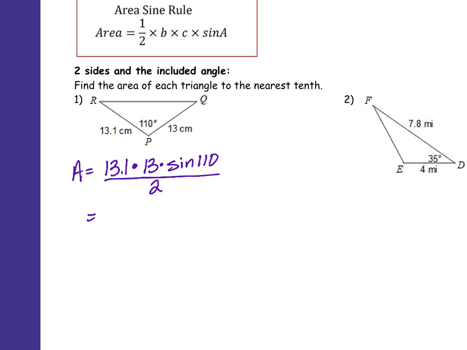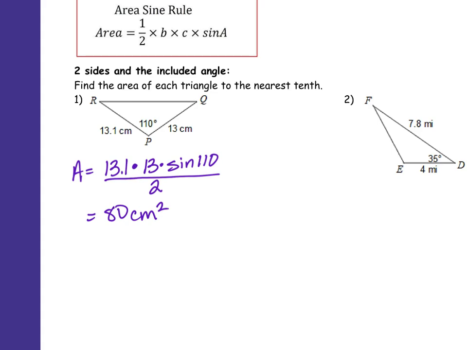So if I get out my calculator here, 13.1 times 13 times the sine 110 divided by 2 should be 80, to the nearest tenth. So that should be 80 centimeters squared. Okay, that's all there is to this one, if I know two sides and the included angle.